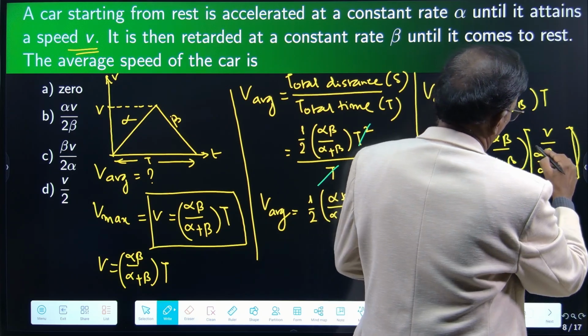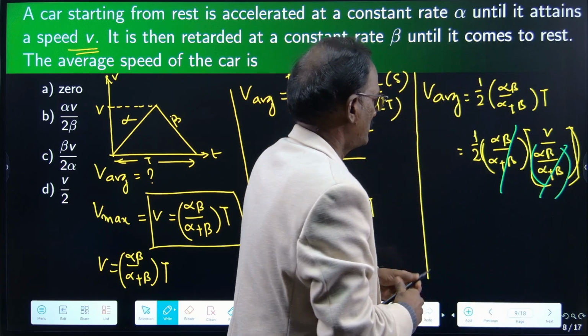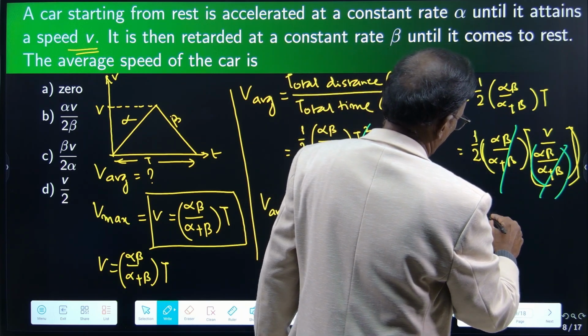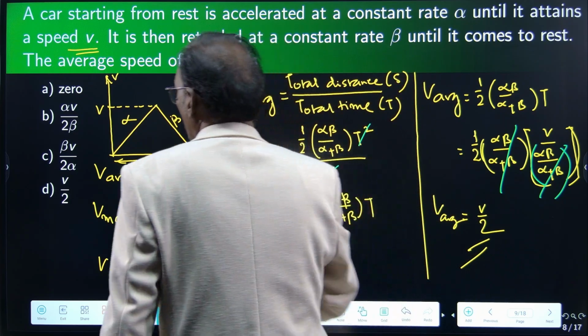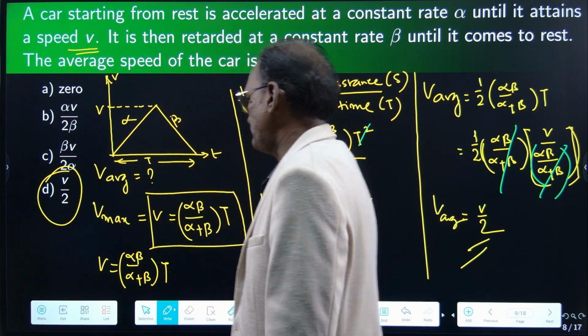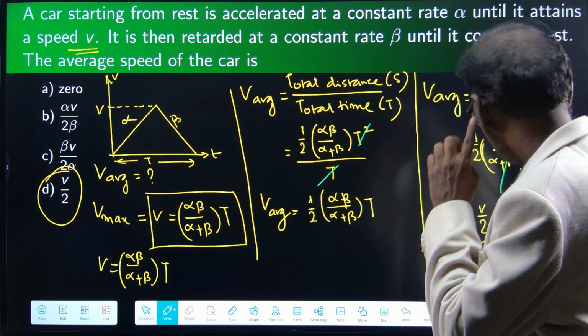This is combined acceleration. So this is removed now. So the answer is V by 2. V average is equal to V by 2. Option D is correct, right? So both the formulas are used here.